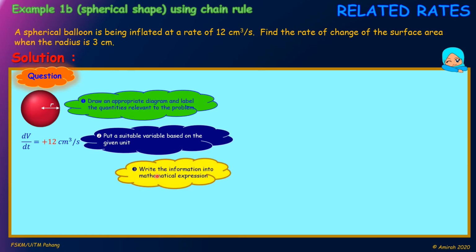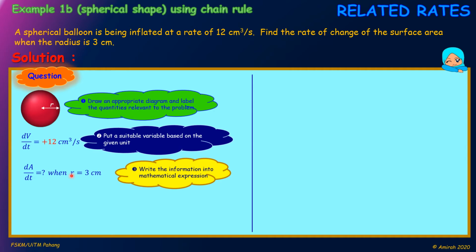Then we write the information as a mathematical expression. We want to find the rate of change of surface area, so dA over dt equals question mark when r equals 3 cm. This is what we get from the given question, written as a mathematical expression.